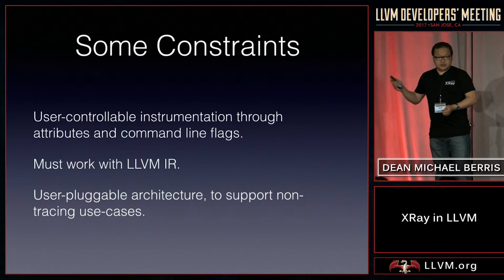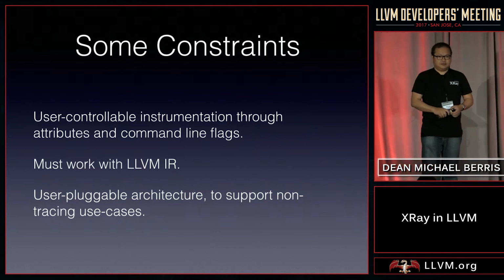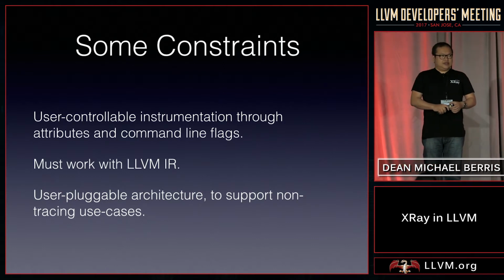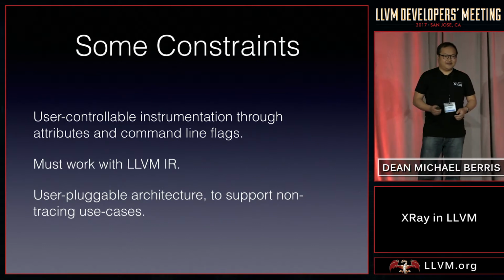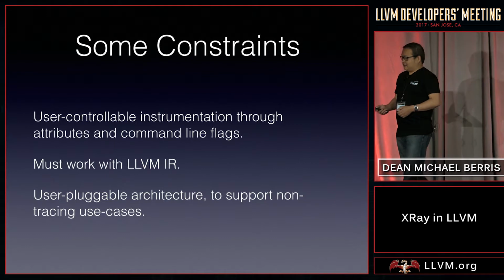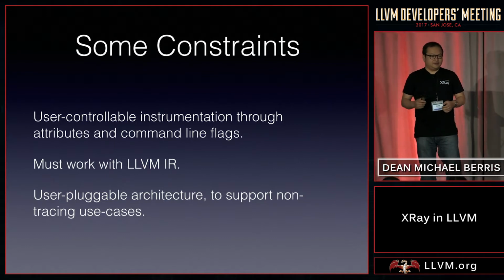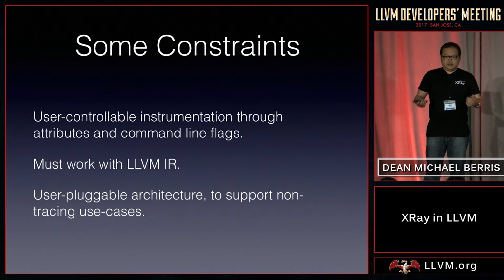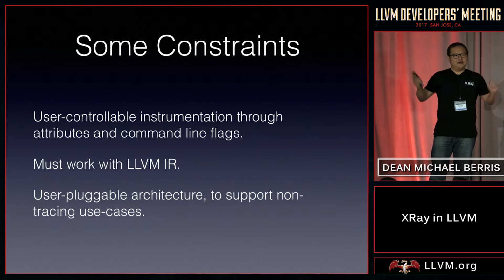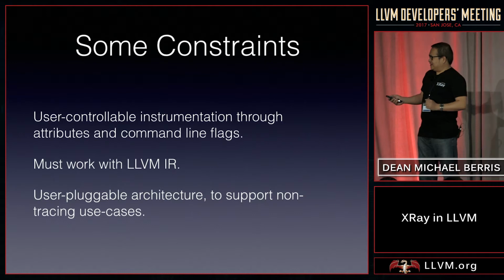It must work with LLVM, only because it's easier to get it into LLVM if it works with LLVM. Also, it allows us to do this for other languages that compile into LLVM. So you can use your imagination what those languages are.